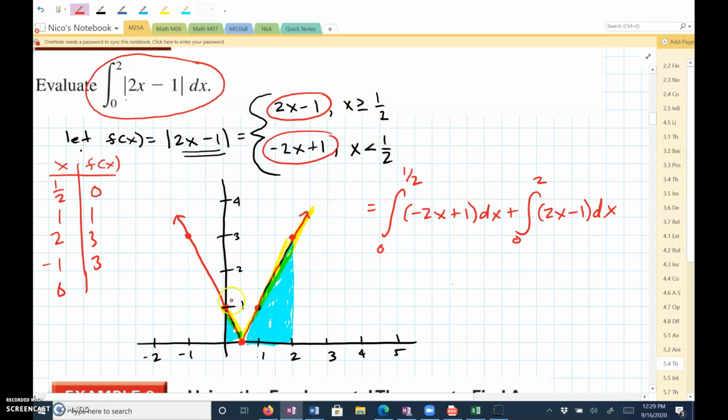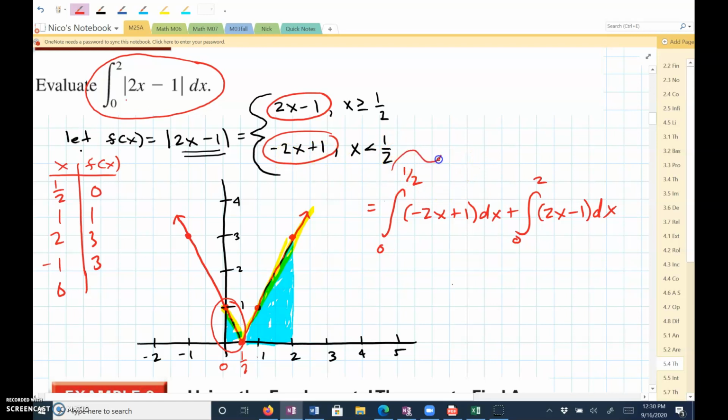So we graphed this, and then what I did, first of all, I did the limits of integration from 0 to 1/2, because that's this piece of the graph underneath the curve, and this part of the line here is when x is less than 1/2 would be negative 2x plus 1.